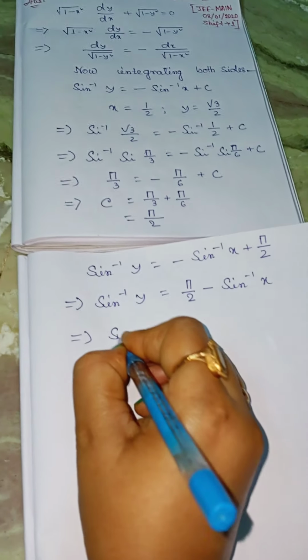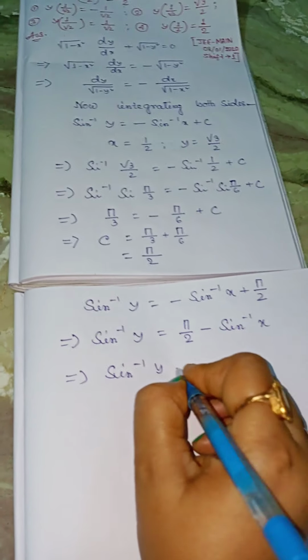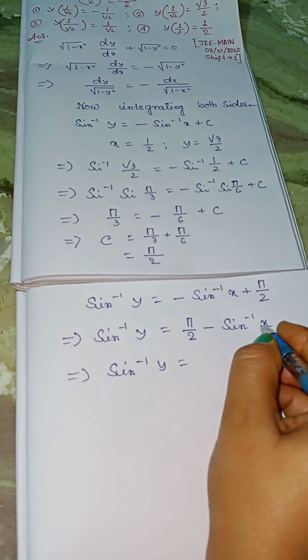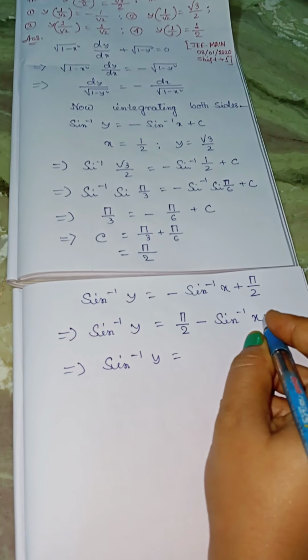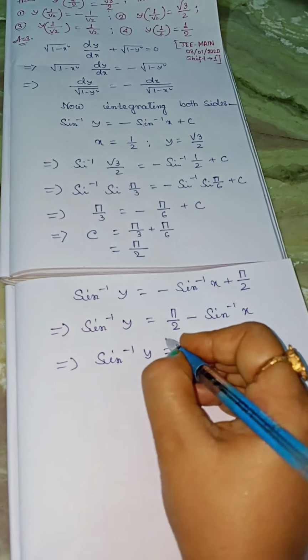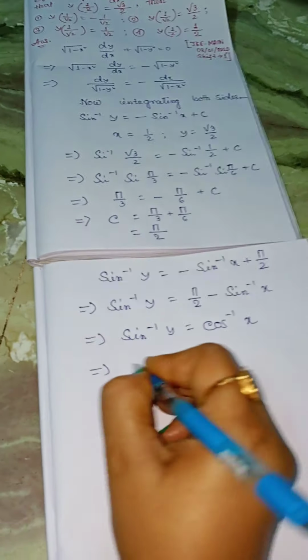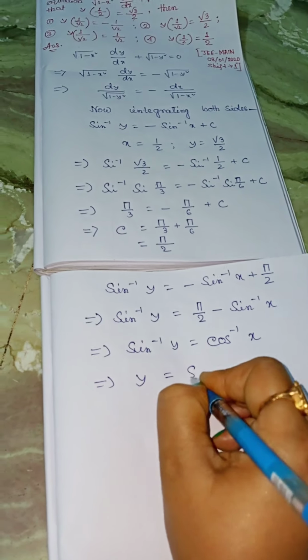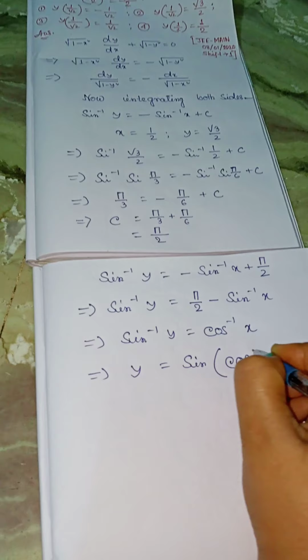Therefore sine inverse y is equal to pi by 2 minus theta, that is pi by 2 minus sine inverse of something, which means cos inverse x. Therefore, y becomes sine of cos inverse x.